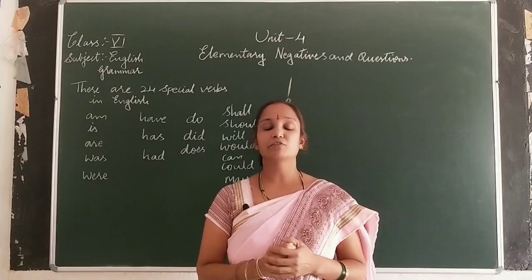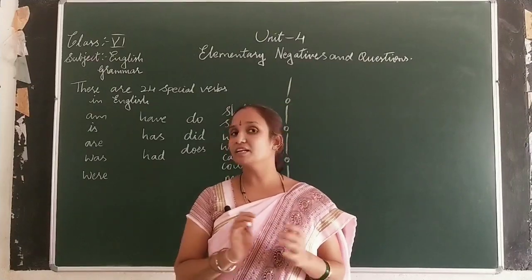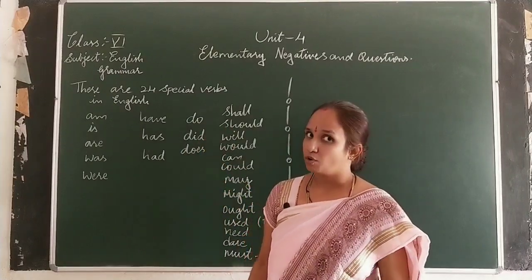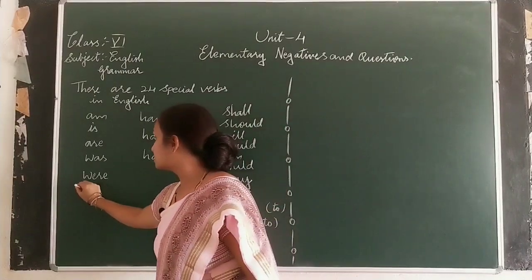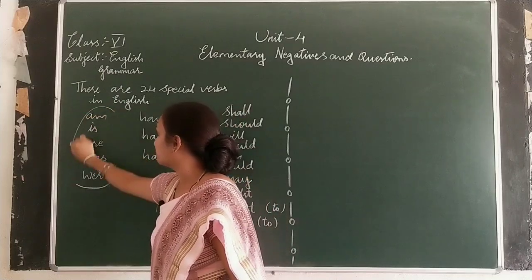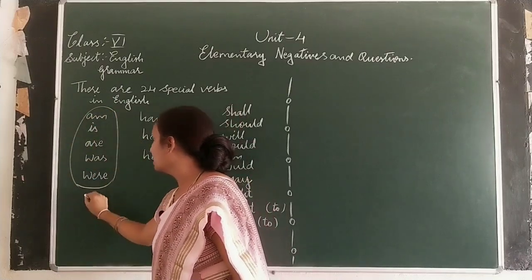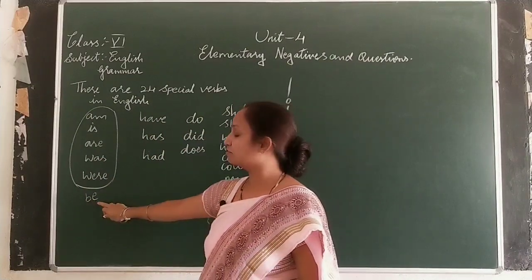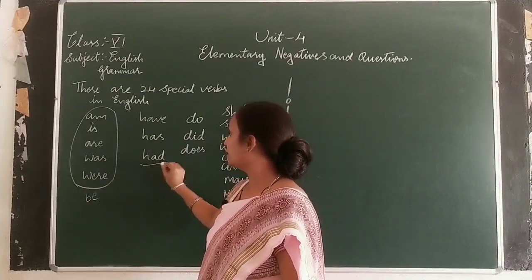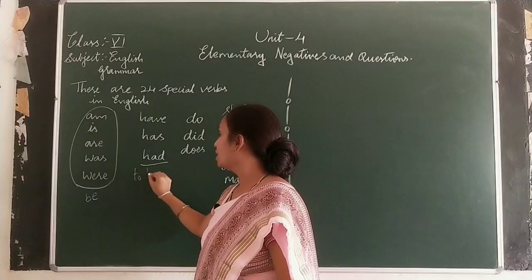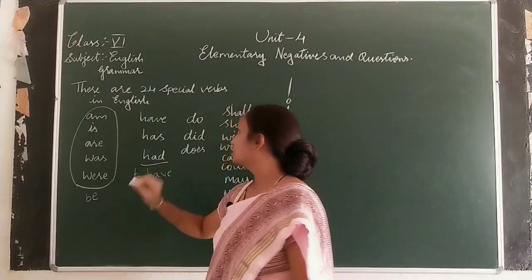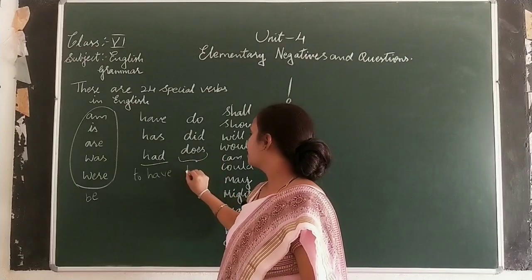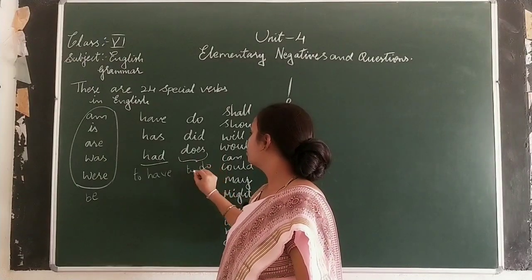The 24 verbs have been classified into 4 groups. The first group is said to be the to be verbs. The second group is the to have verbs. In the third group, it is said to be the to do verbs.